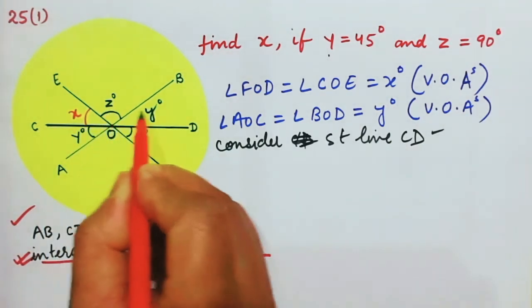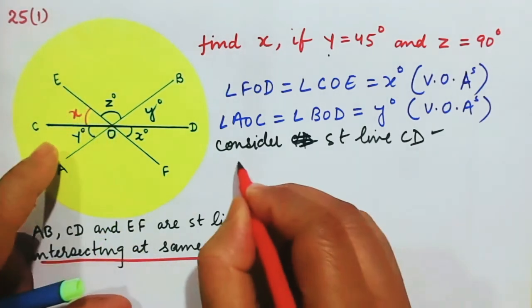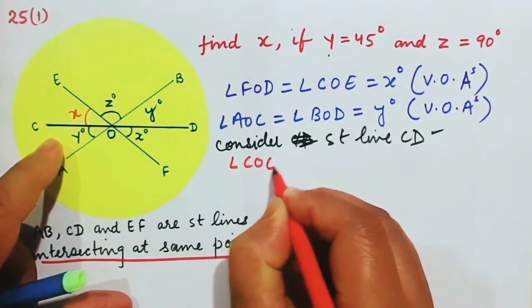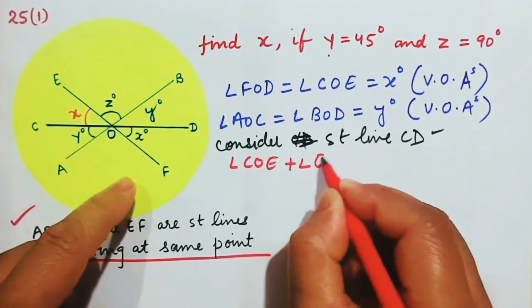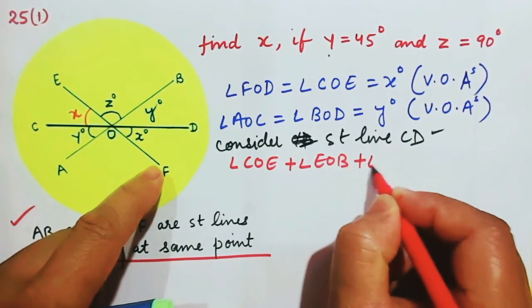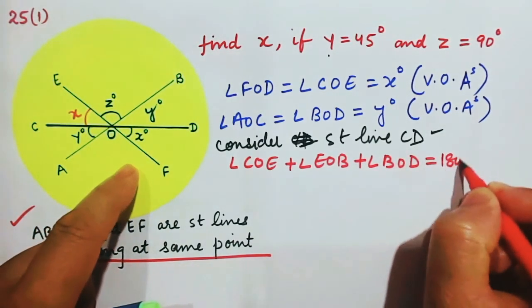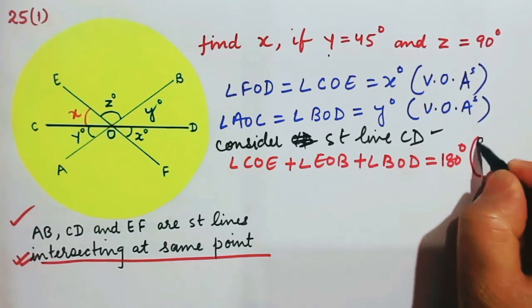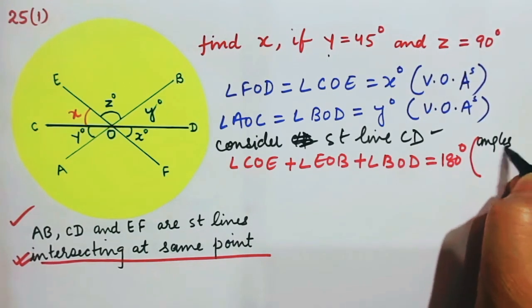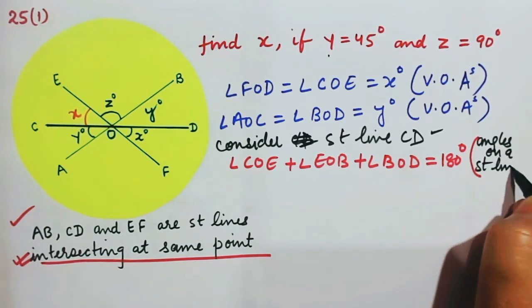X plus Z plus Y is equal to 180 degree. Once again, angle COE plus angle EOB plus angle BOD will be equal to 180 degree. Why? Because they are angles on a straight line.